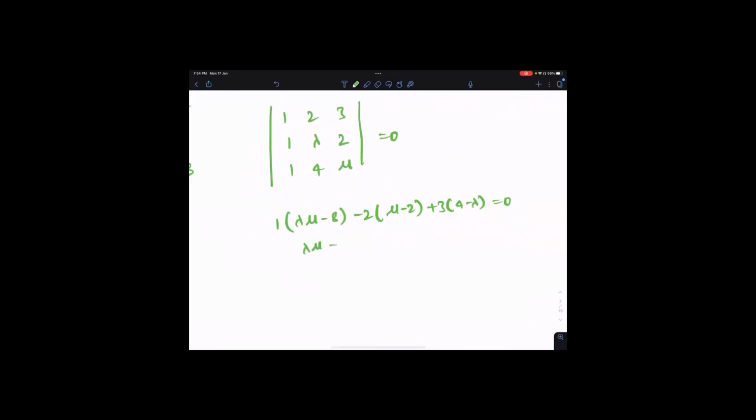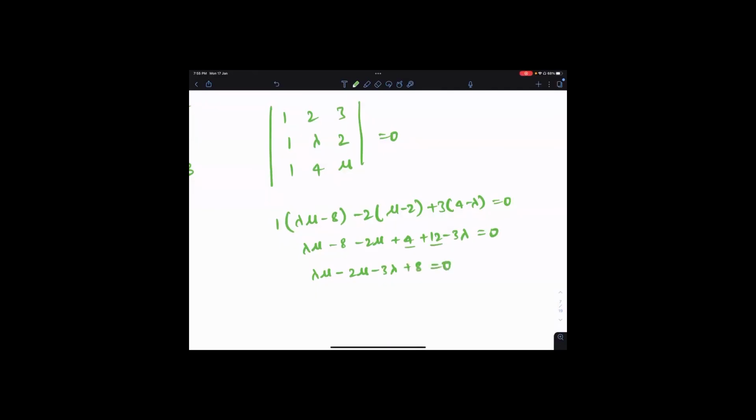So lambda mu minus 8 minus 2 mu plus 4 plus 12 minus 3 lambda equals 0. So we're getting lambda mu minus 2 mu minus 3 lambda, 12 plus 4, 16 minus 8, plus 8 equal to 0.